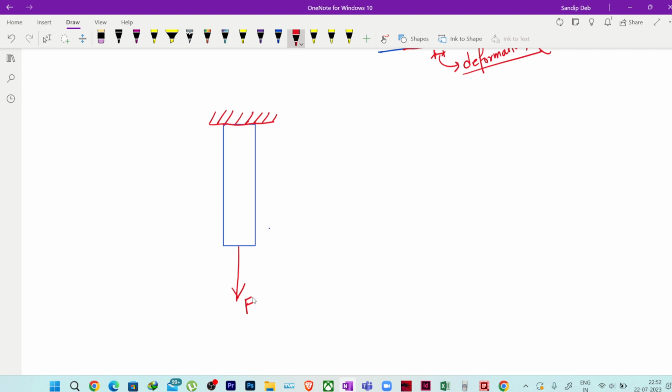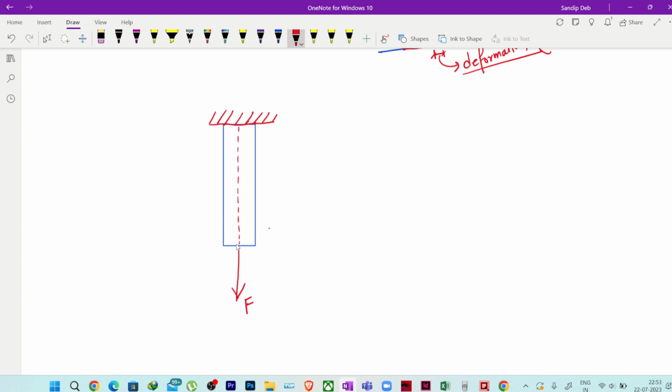As this force is going opposite to the direction of the face of the bar, obviously it is a tensile kind of force, we all know. And I'm assuming that this force is along the axis of this bar. There is no other deviation, it is exactly along the axis of the bar.